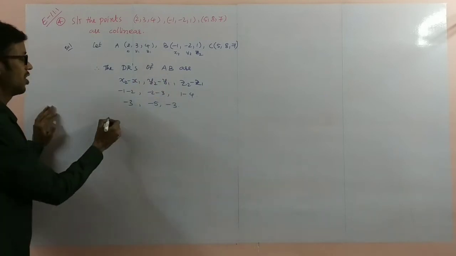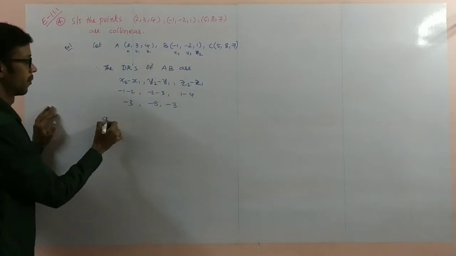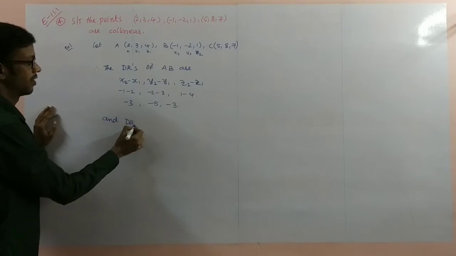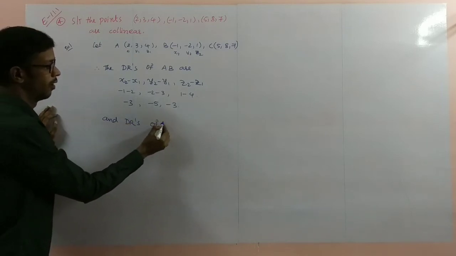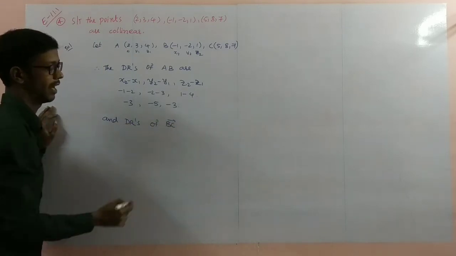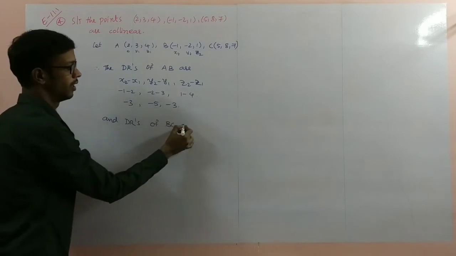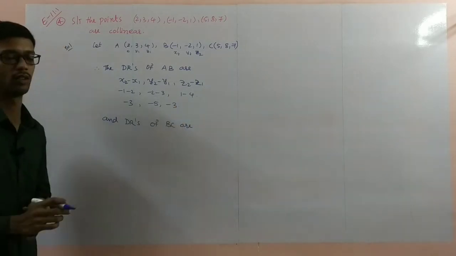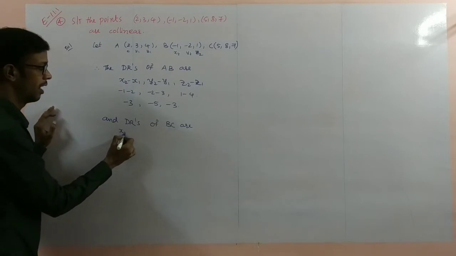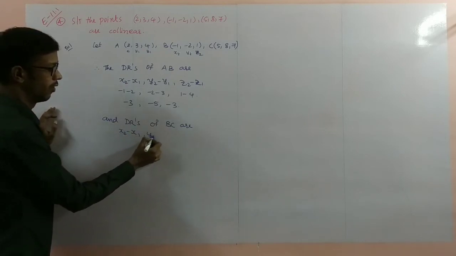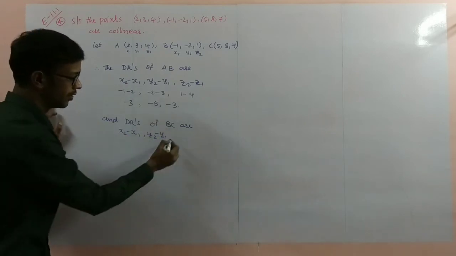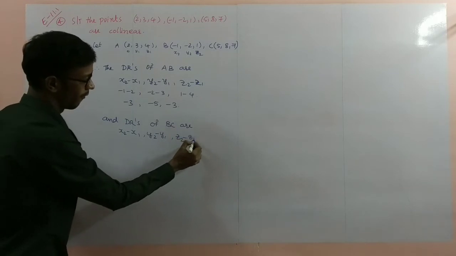Similarly, the direction ratios of BC are given by the same formula: x2 minus x1, y2 minus y1, z2 minus z1.